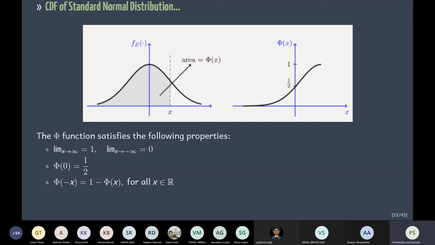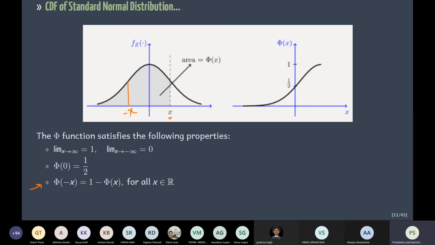So how do you prove this result? Phi of minus x is 1 minus phi of x. x is here, so minus x will be symmetrically at the same distance, somewhere here.